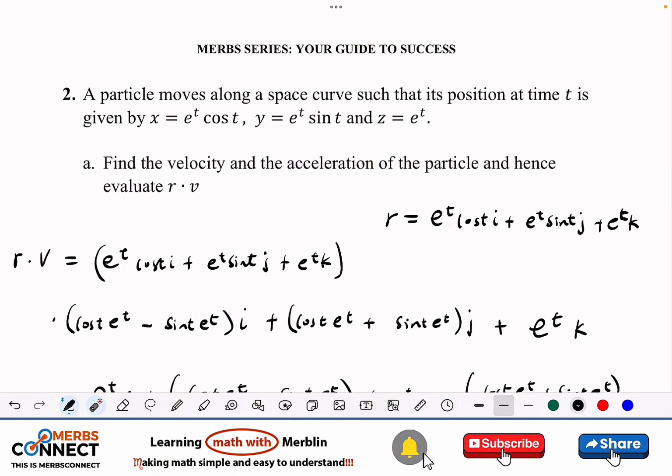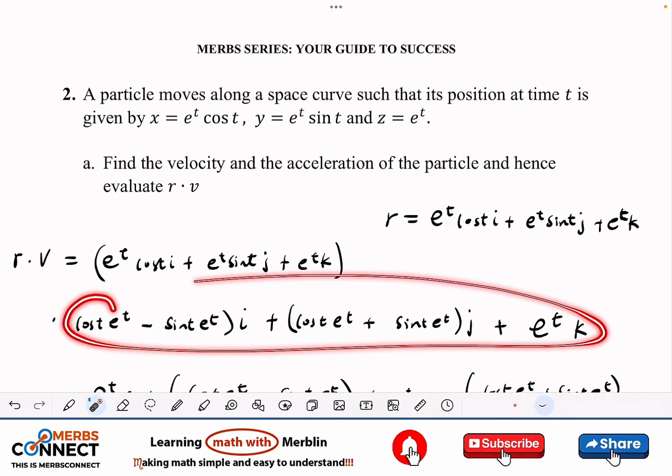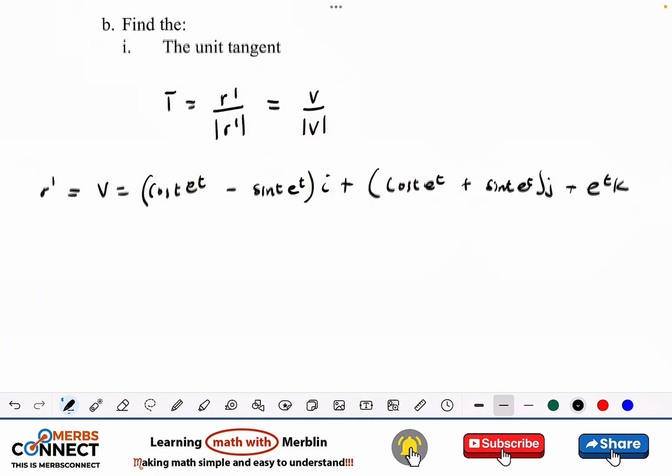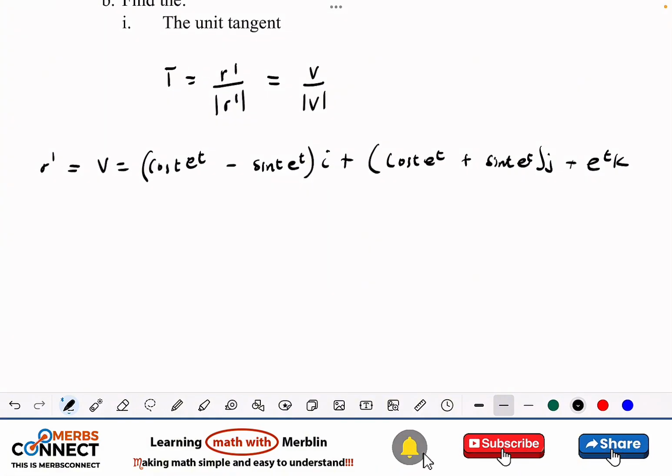So I think that's what we had. Yeah, that's what we have for the velocity, which is the same as r prime. So don't forget, this is the same as r prime. So for us to find the unit tangent, we need the magnitude. So let's find the magnitude.